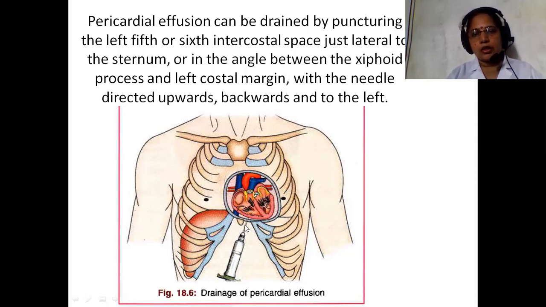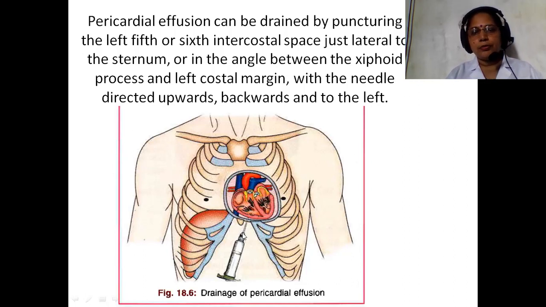See, this is the sternum, just lateral to the sternum, or in the angle between the xiphoid process and a left costal margin.